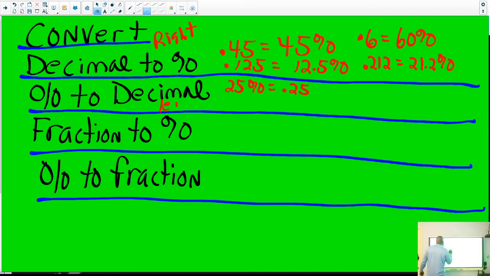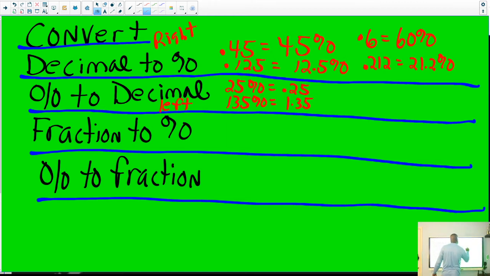Write down the word left. 25% equals 0.25. Let's say you've got 135%. Move it twice to the left. It'll be 1.35. You're moving your decimal twice to the left.